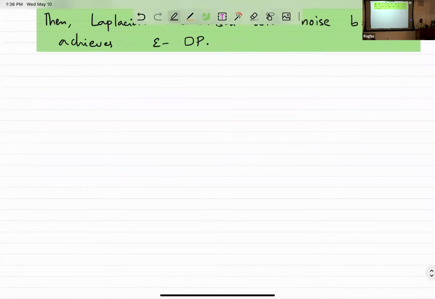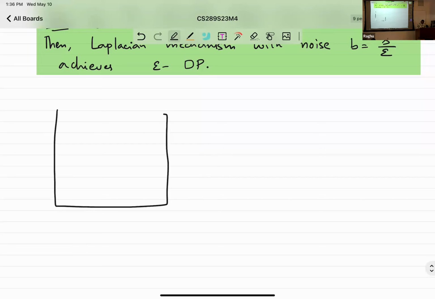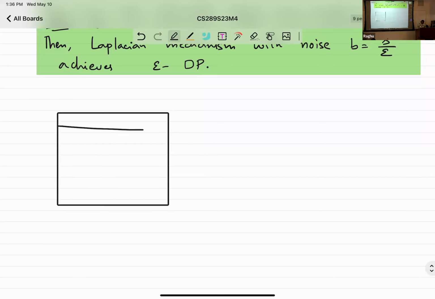And more generally, the same sort of thing works not just for functions with univariate outputs, but even if you have multiple outputs, right? In your database, maybe I don't have just a single coordinate for each user. I have x1, I have x2, and so on.